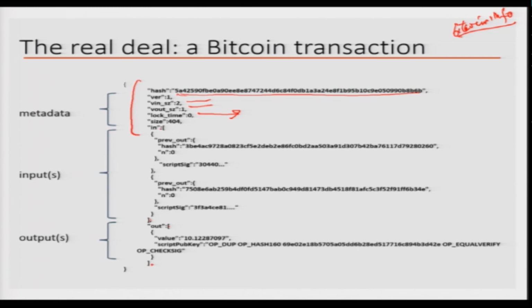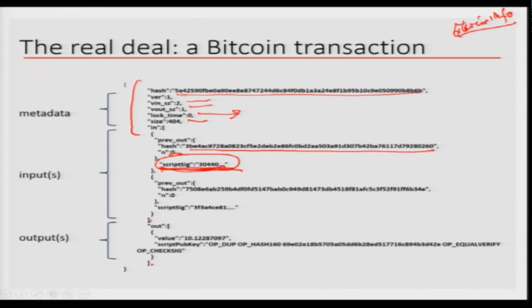Then there is the size of the transaction. And then in the input we have the hash of the transaction that is the input, and N0 here means that this is the 0th output of that transaction, and then there is a signature. How this signature is done, we will defer that discussion for a little bit later, but for now you can assume it is like a signature.